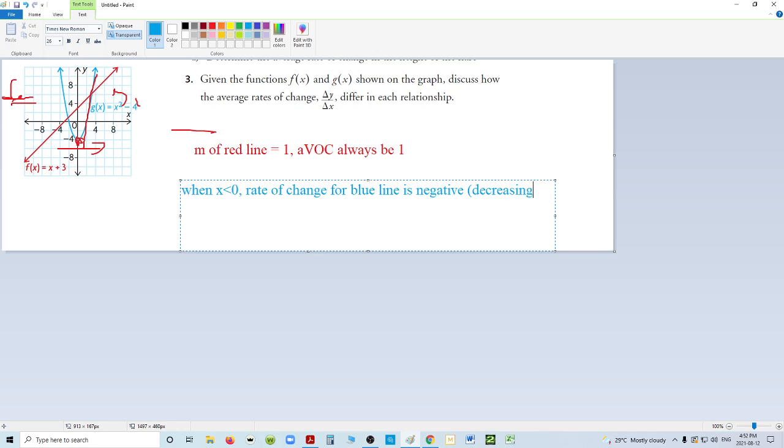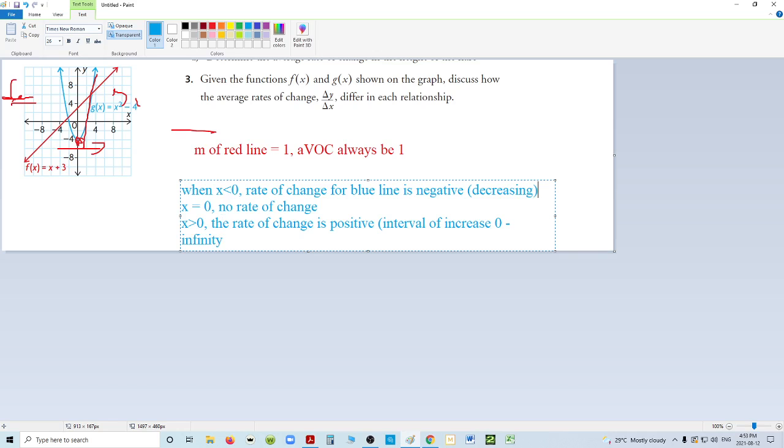That would be called an interval of decrease. When x is exactly 0, there is no rate of change. It's a flat line, it's a tangent, so no rate of change. And when x is bigger than 0, the rate of change is positive, or an interval of increase from 0 to infinity.